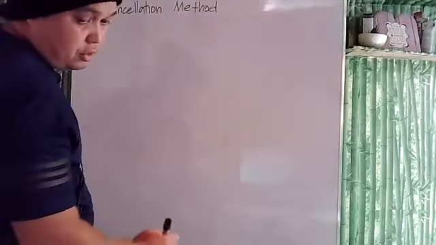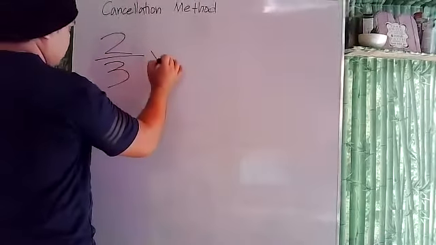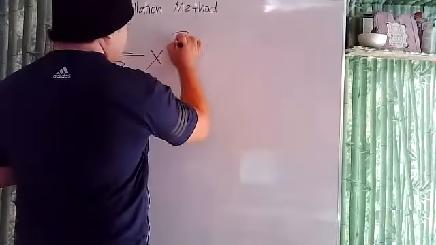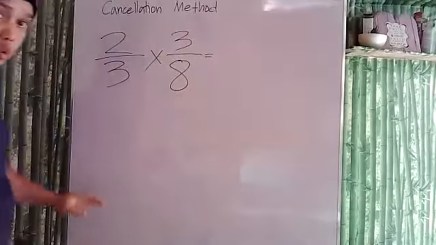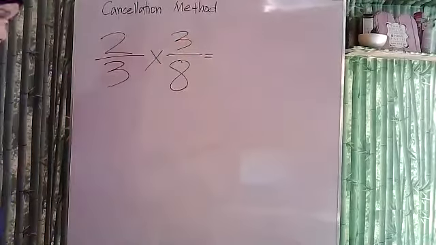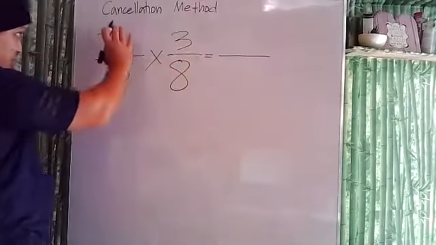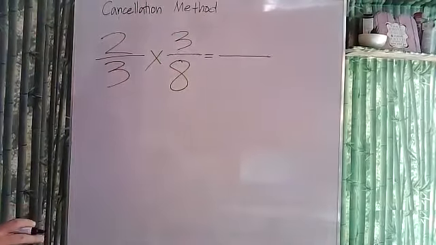2/3 times 3/8. Using the cancellation method, before we multiply these fractions, we first cancel the factors that can be simplified.